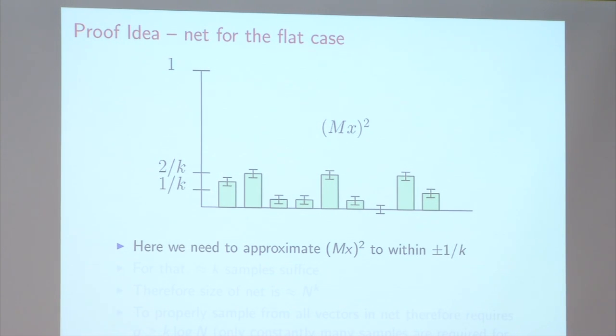So you want an approximation of plus minus 1/k in each coordinate. And so how many samples do you think you'll need for that? Remember, M is a plus minus 1 matrix. And I want to sample from M and get an approximation to within 1/k of each coordinate. How many samples do we need for that? We already have some parts on the board here, for those of you who can see that.